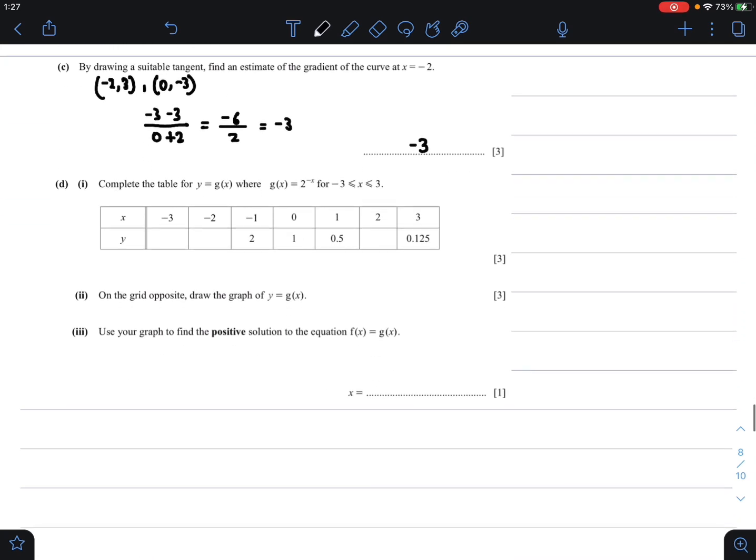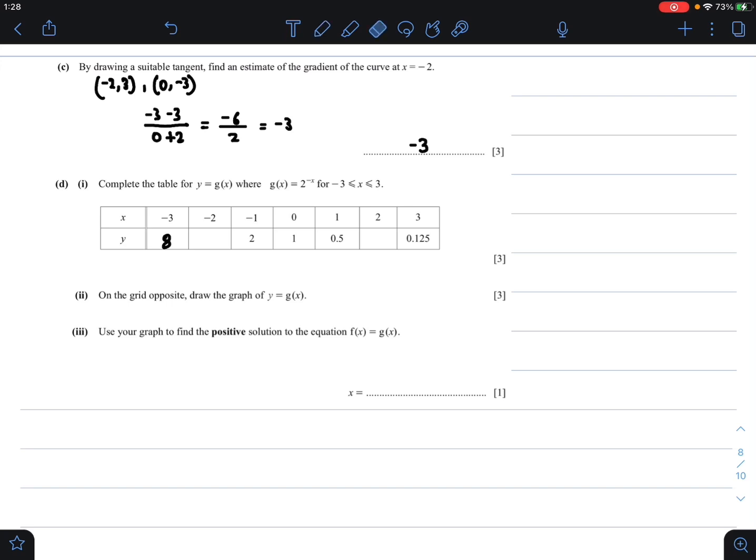Now let's move to part D1. For part D1, they are asking us to complete the table for the following function, that is 2 raised to -x. So if we substitute x as -3, it would become 2 raised to minus of -3, so that is equal to 2 raised to 3 itself. Therefore your y coordinate when x is -3 would be 8.